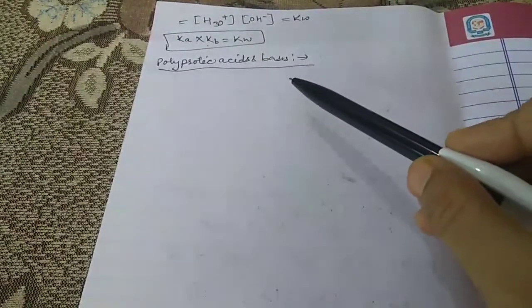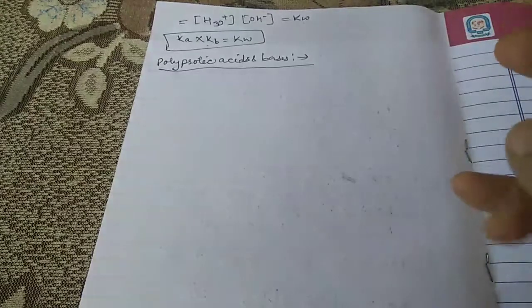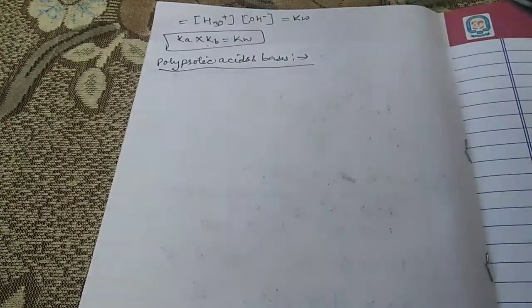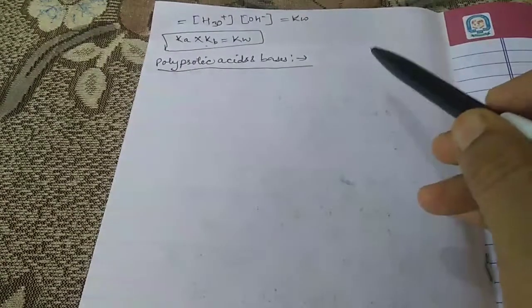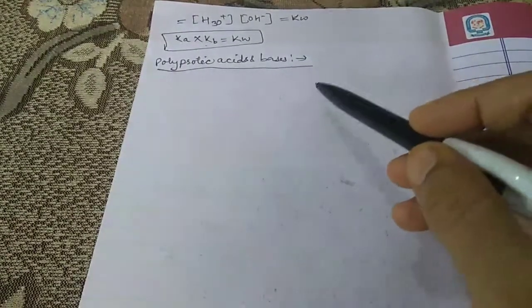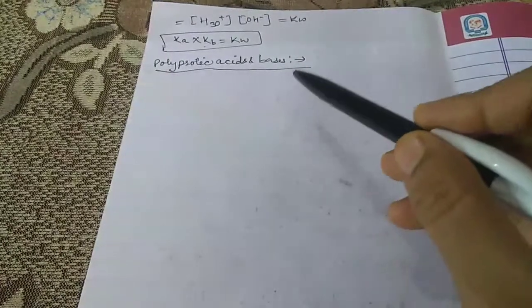If we are talking about two ionizable protons, they are known as dibasic acids, where di means two.